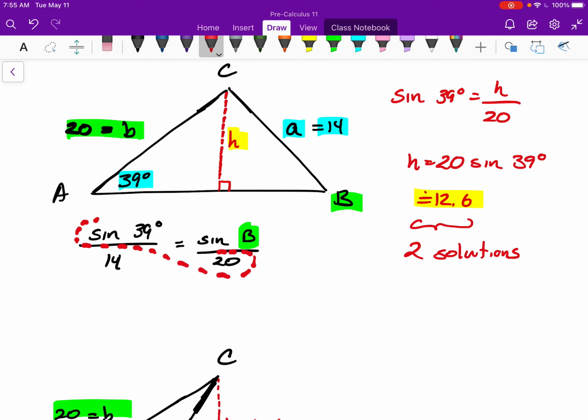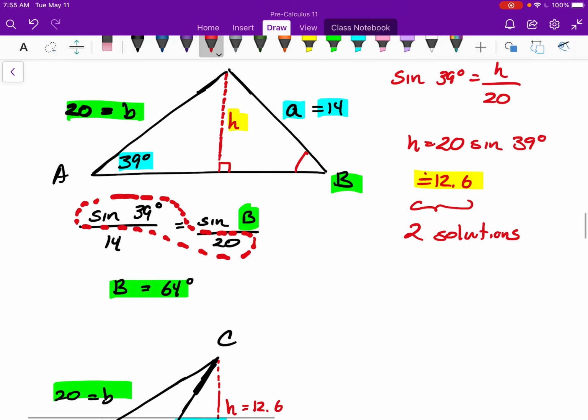I first go 20 times the sine of 39, divide by 14, and find the inverse sine of that. You can review the last lesson if I did that too quickly, but you should get B to be about 64 degrees. And that looks kind of right. So that angle there for B looks to be about 64 degrees.